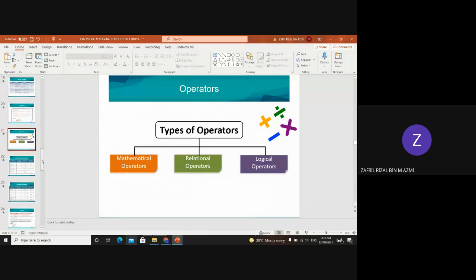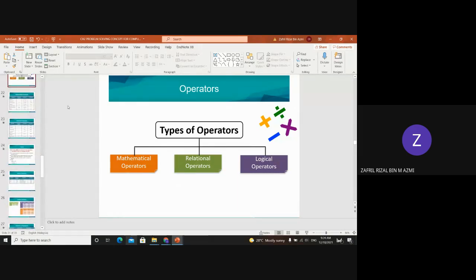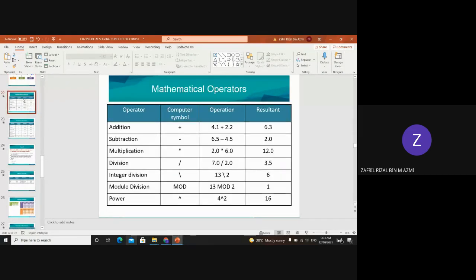So this is just to refresh and how we can relate with computer programming. Okay, first we are going to look at mathematical operator. So we have addition. Okay, so this is normal. Same like the manual addition, addition punya ni kan.